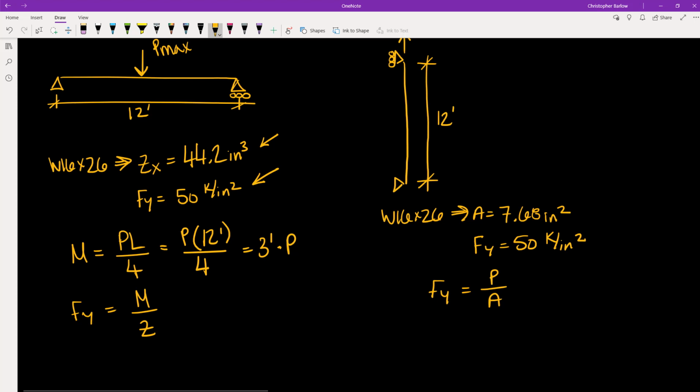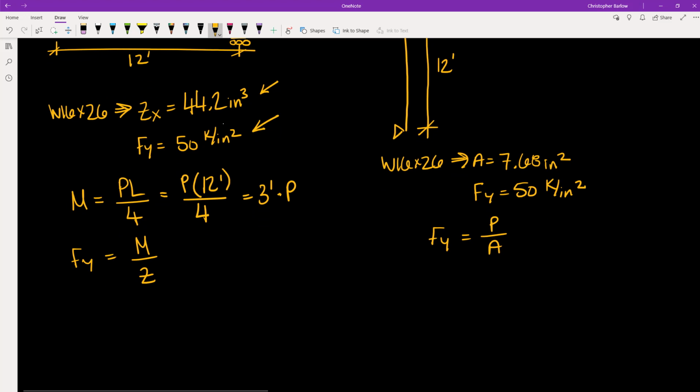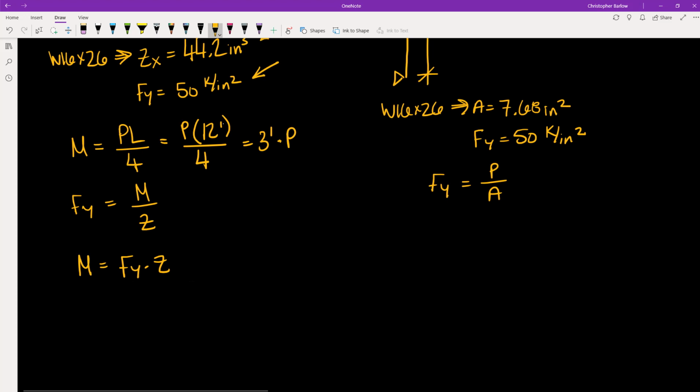So now let's rearrange this formula to give us M is equal to Fy times Z. And now let's plug in our values. 3 feet times P is equal to 50 kips per square inch times 44.2 inches cubed.